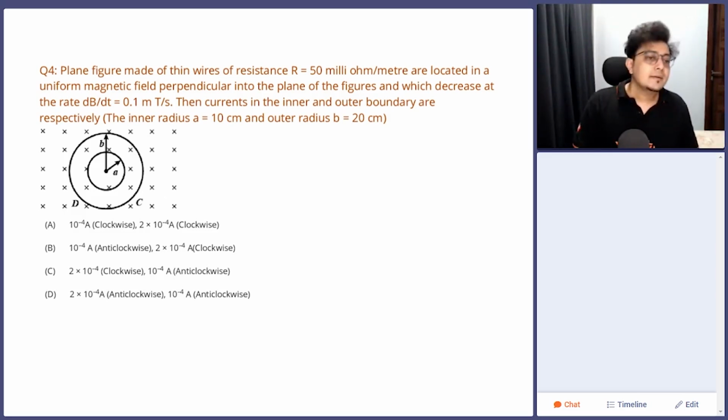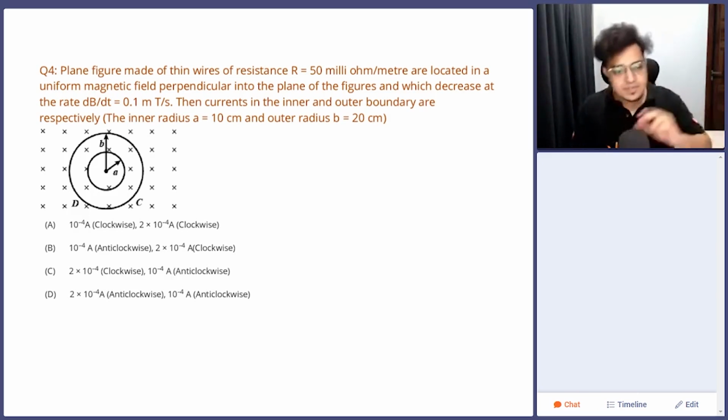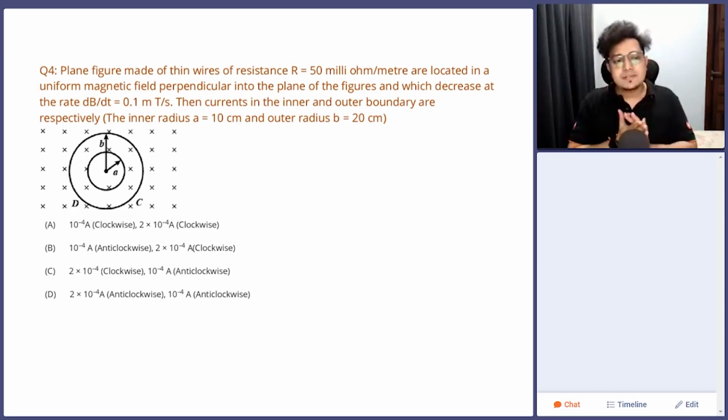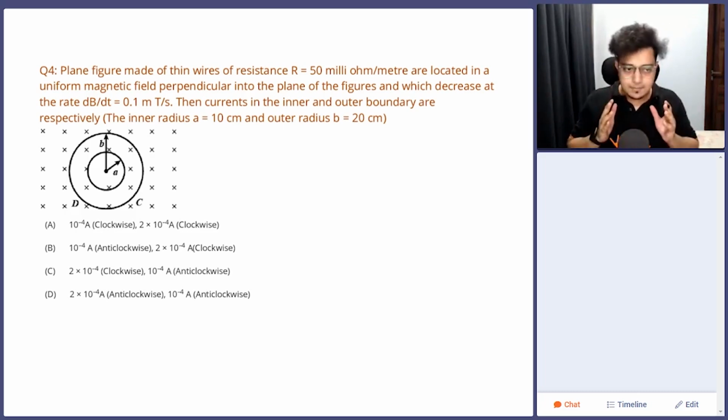Okay, so inner radius is 10 centimeter, outer radius is 20 centimeter, and in the options you can see 10 raised to minus 4 or 2 into 10 raised to minus 4, clockwise, anti-clockwise, and so on. Likewise, options are there. So if we have to solve this by using options alone, then understand that the magnetic field is cross, that is going into the screen.